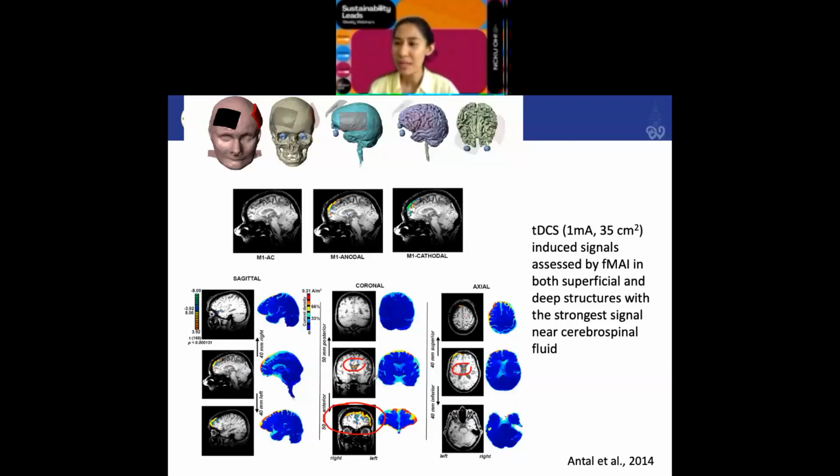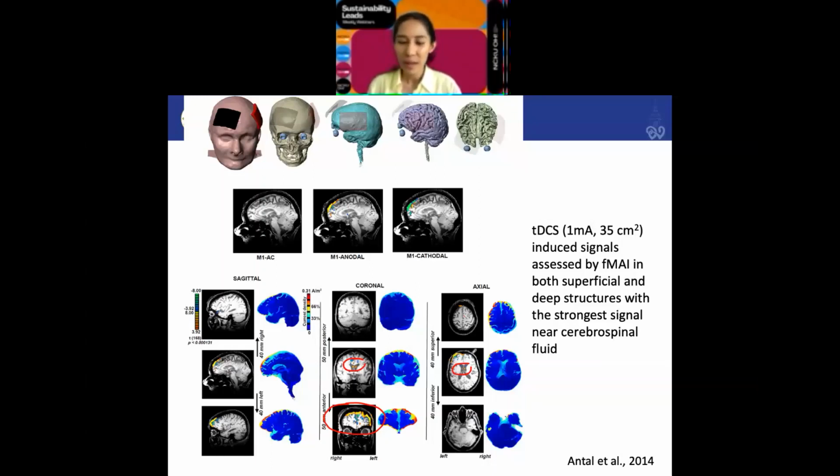It tells you that tDCS applied just over the cortex, the current can reach superficial and deep structures also. But the strongest signal they found was near the CSF. So that's why they found a lot in the ventricle.